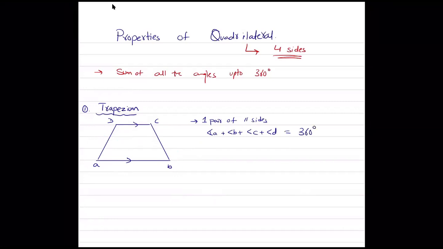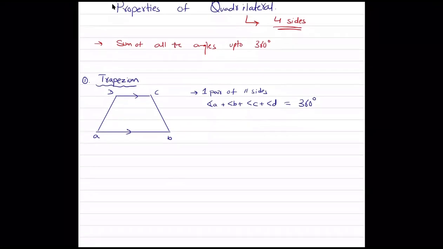ठीक है, अब इसी को आगे एक्सटेंड करते हैं. अगर हमारे पास आइसोसेलेस ट्रेपेजियम होता तो क्या होता?